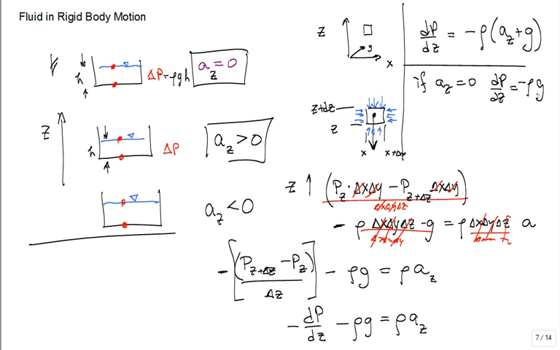Can I separate and integrate? Simplest ODE you ever wanted. Isn't it? And so I separate, integrate, I get p at z minus p naught equal to minus rho g z.